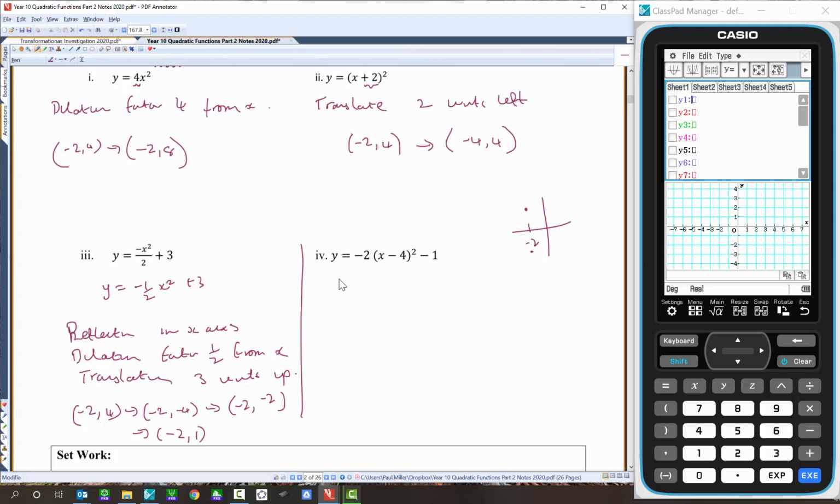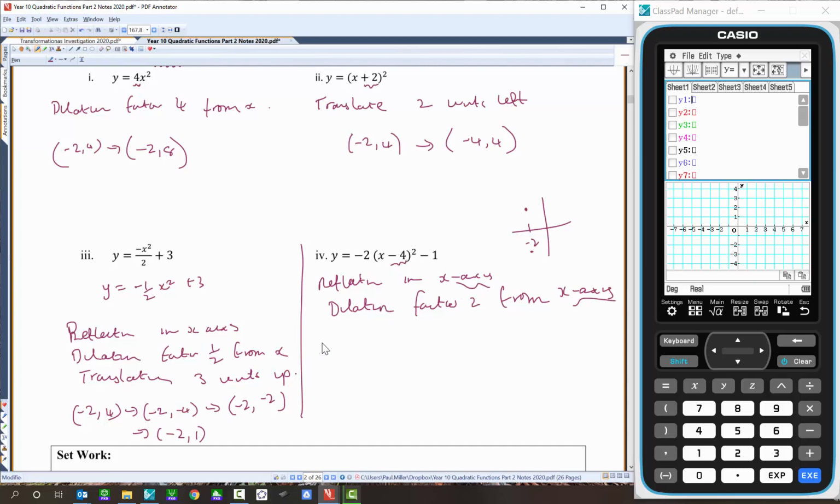This final one, we've got an a value of negative 2. That means it's a reflection in the x-axis. It's a dilation factor 2 from the x-axis. Again, it's very important that we note the axis because we'll be dilating and reflecting from the y-axis in Year 11 Methods.